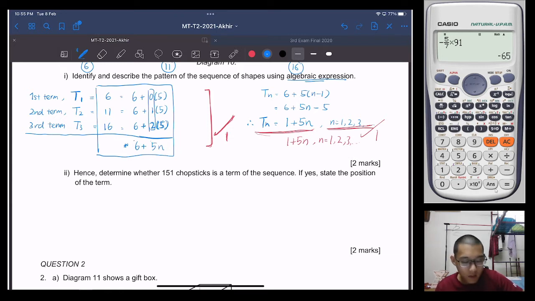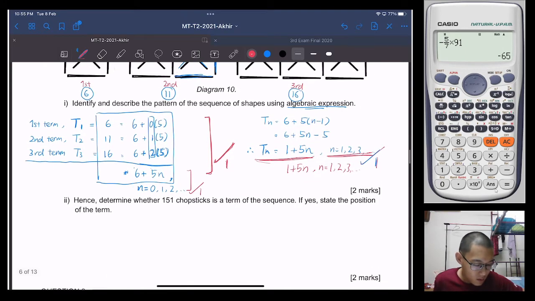This is still acceptable, but you need to label or state what n is. We start from 0, 1, 2, and so on. So there might be some difference between my answer, the scheme answer, and yours, because your n needs to take 0 first. You need to take care of this. We still have 1 mark here. So this is for question 1c1.